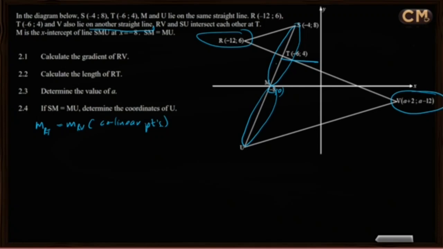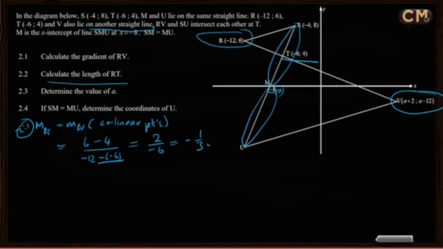So if you have a look at RT, that is equal to the difference in y values, which is 6 minus 4, over minus 12 minus 6, which just so happens to be 2 over minus 12 plus 6, which gives us minus 6, and that's all equal to -1/3 when we simplify it. So that's 2.1 right over there.